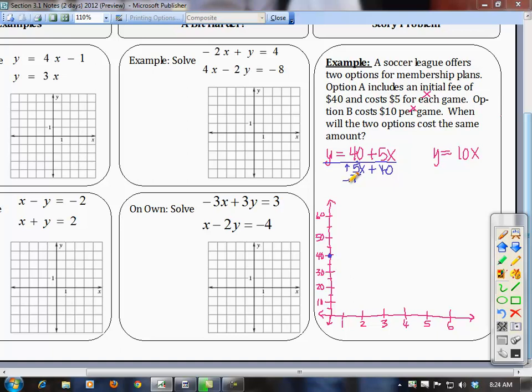So I'm going to go up 5, which is what our marker is, and then over 1. Okay, and I'm going to go up to 50 over to 2. Up to 55 over to 3. Up to 60 over to 4. And you're starting to see, again, I apologize for the accuracy, a line that looks kind of like that.